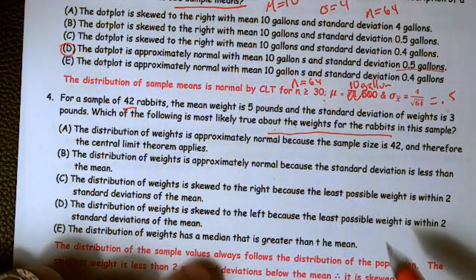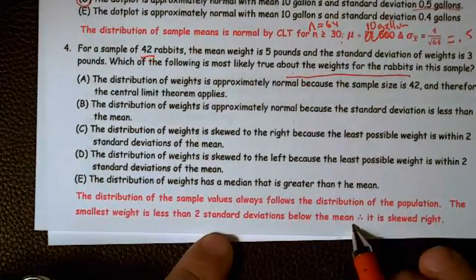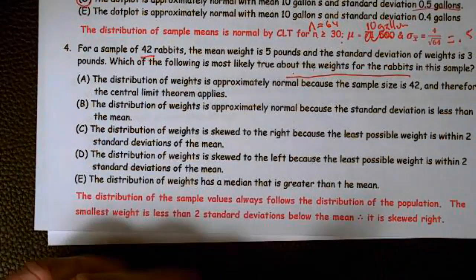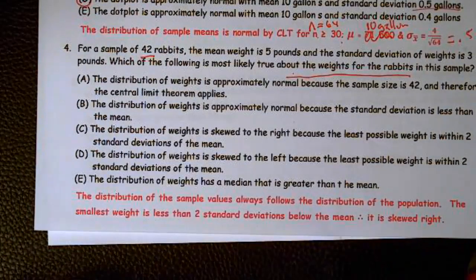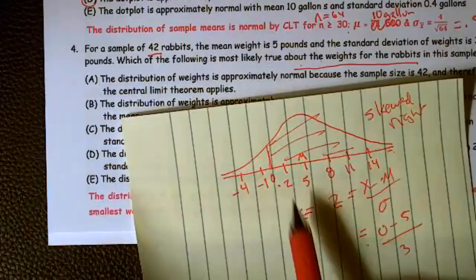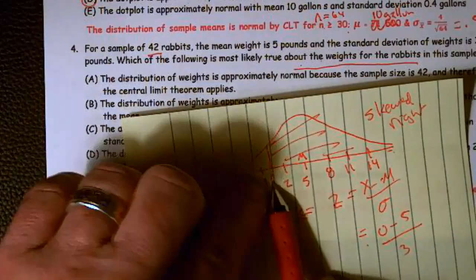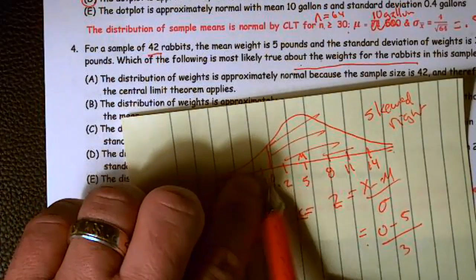And when I do that, I find out that there's no way I don't have enough standard deviations below it. Because when I look at this, we're less than 2 standard deviations below. We're only 1, well, what are we?